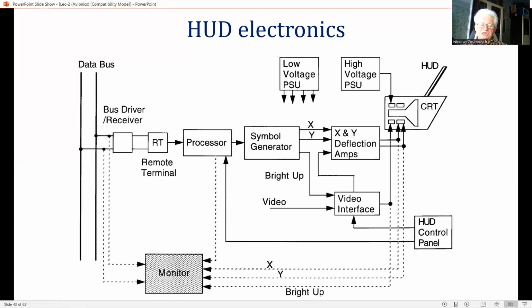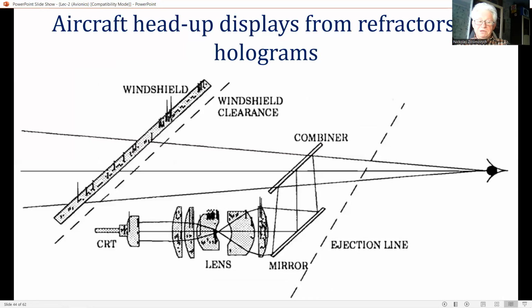The necessary D to A conversions are carried out in the symbol generator, which outputs the appropriate analog deflection voltage waveform and bright-up waveform to control the display drive unit of the HUD CRT. The CRT beam is thus made to trace the outline of the line drawn symbol. The process is known as stroke or cursive writing.